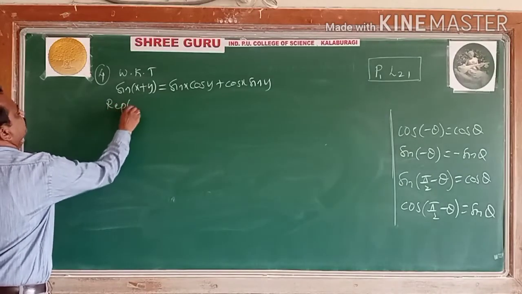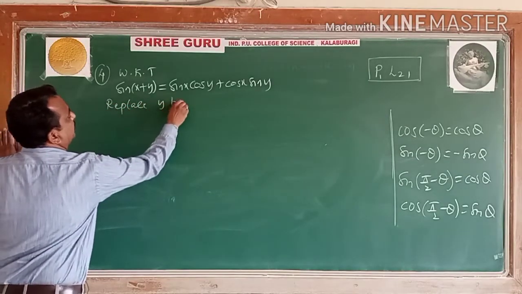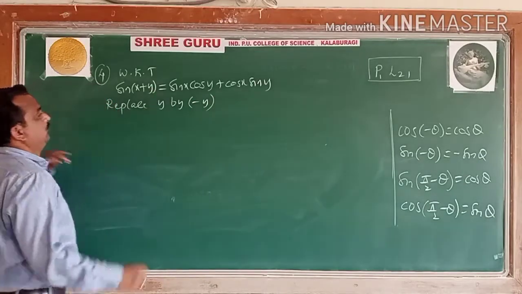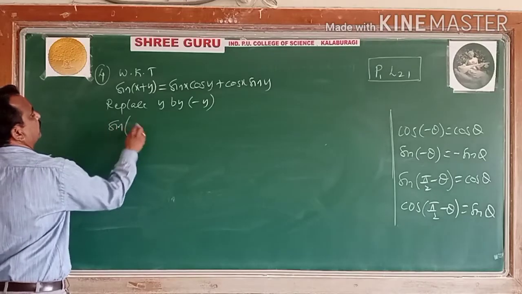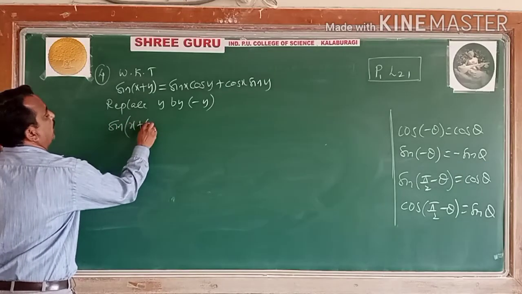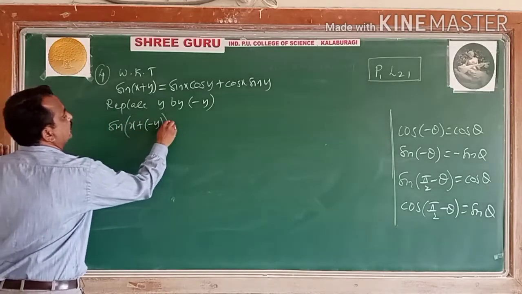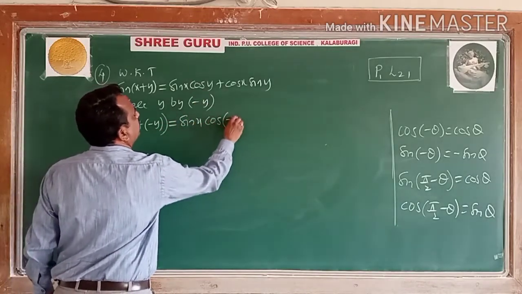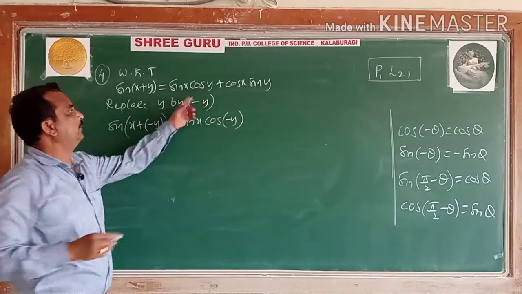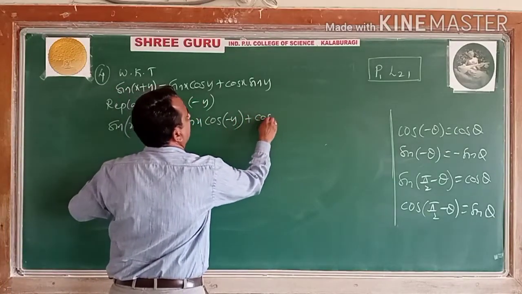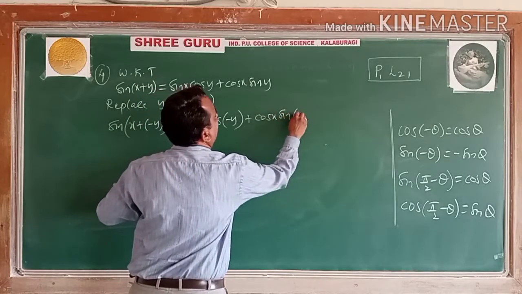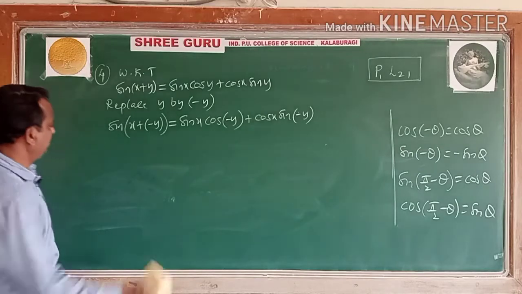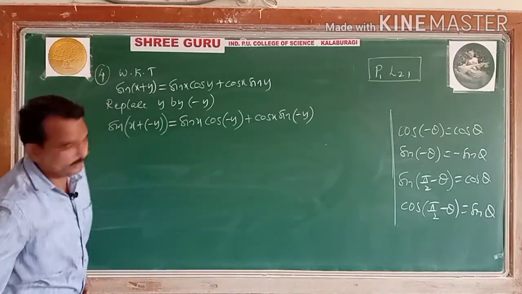Replace y by minus of y. Replacing y by minus of y, sin of x plus minus y is equal to sin x cos of minus y plus cos x sin of minus y.